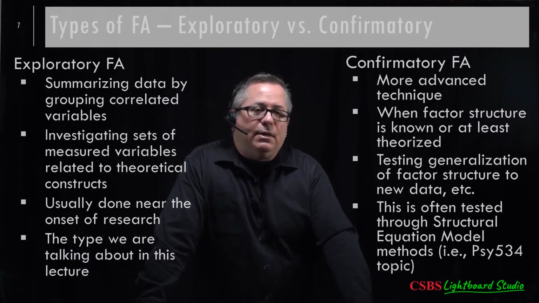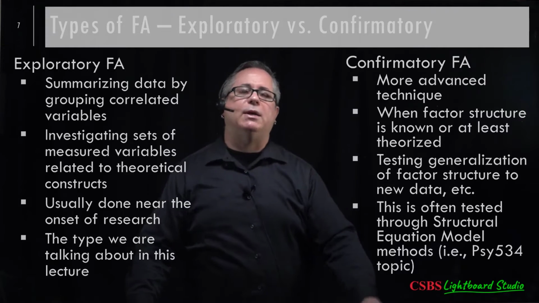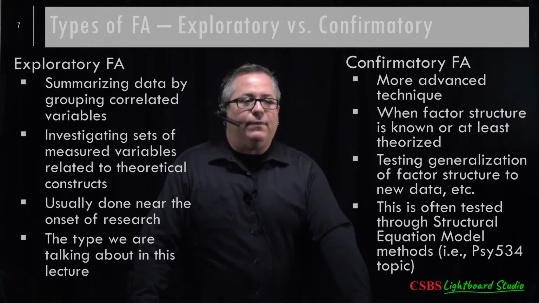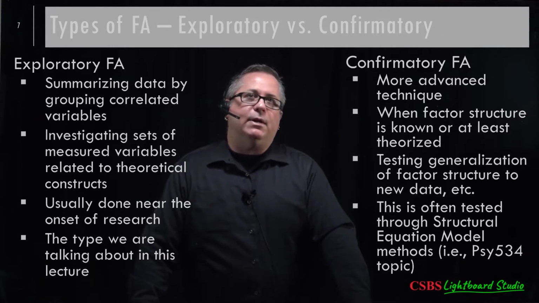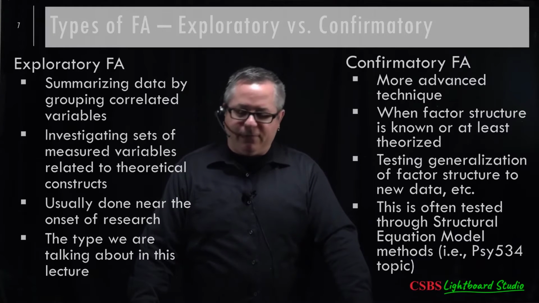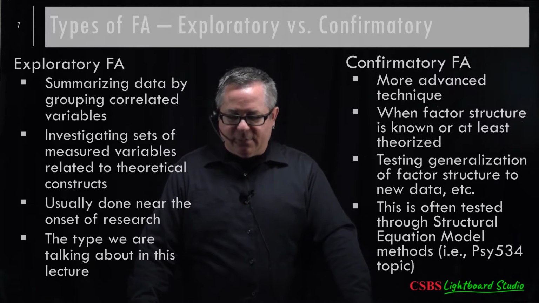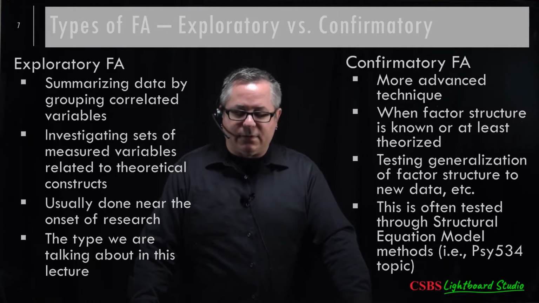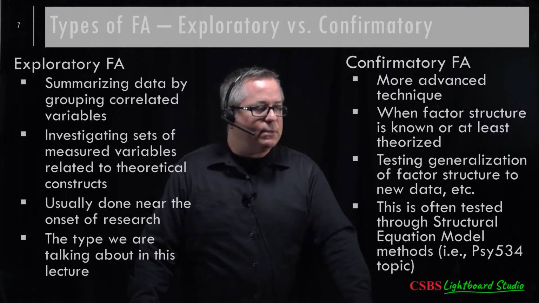They had taken these intact scales and they had cut a bunch of items out to make them shorter because they were all a little too long. And so we wanted to see if the factor structure still held after they cut a bunch of items out. So that was my first presentation, the first time taking a poster to a conference, doing an exploratory factor analysis of those scales.